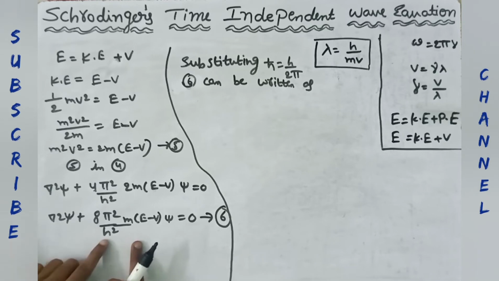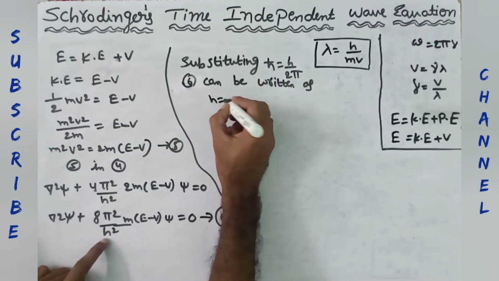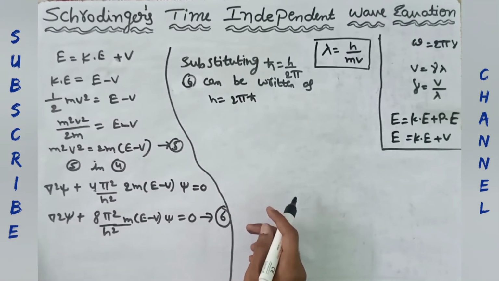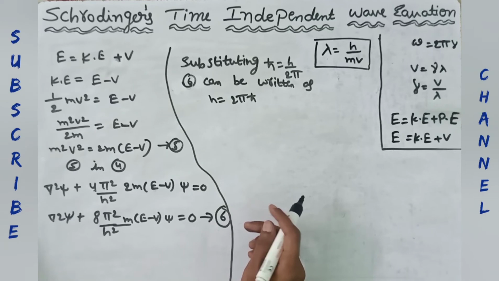We can represent the equation by substituting h cut is equal to h by 2 pi. We replace h is equal to 2 pi into h cut. After substituting we will get an equation, and from that equation we can derive the free particle Schrodinger's time independent wave equation.